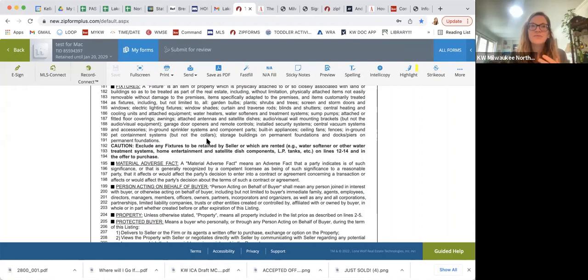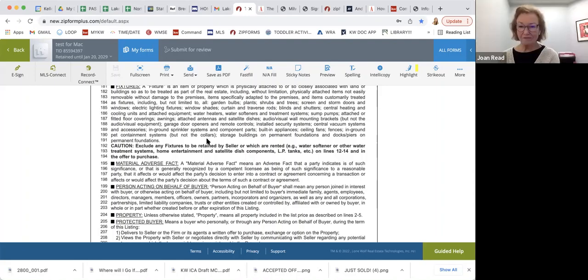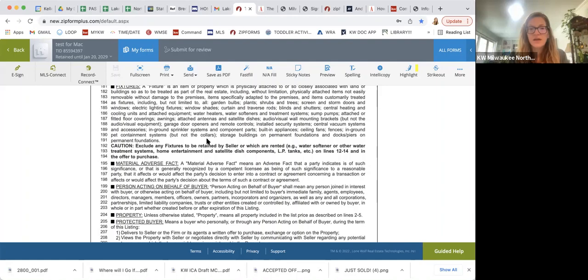And the seller, after the final walkthrough, took the bar with them because it was a movable cabinet on the ground. It wasn't affixed to the ground. So of course, buyer was upset. That definitely needed to be something that, if the seller had planned to take with them, needed to be listed in inclusions and exclusions on the MLS.